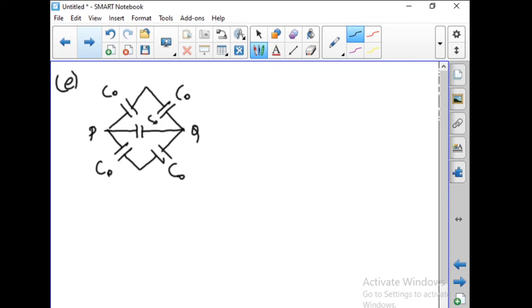So how will you calculate the equivalent capacitance? Here you see these two capacitors are connected in series. Similarly, these two capacitors are also connected in series. So we can redraw the diagram like this.